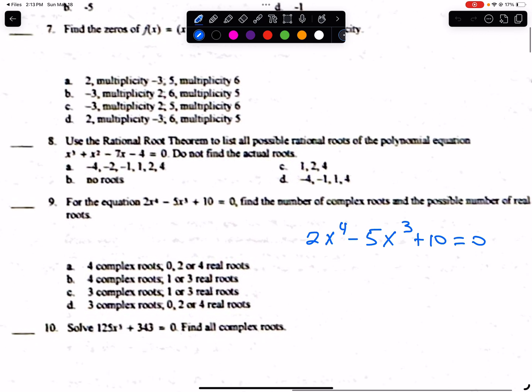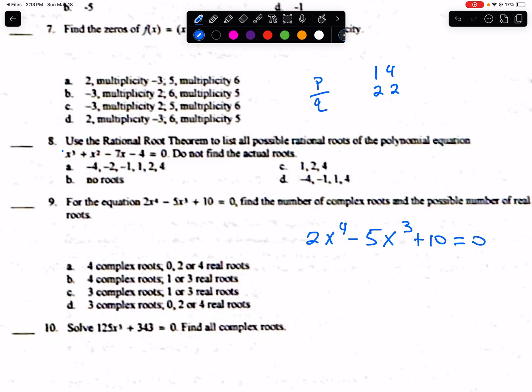All right, so how many roots could there be? Use the rational root theorem to list all possible rational roots of the equation. Do not find the actual roots. So this is that P over Q thing. Do you remember talking about that? So you do factors of 4. Factors of 4 are 1 and 4, or 2 and 2.